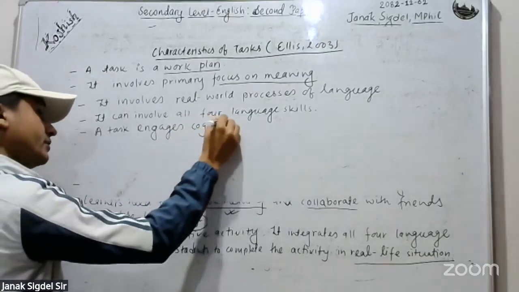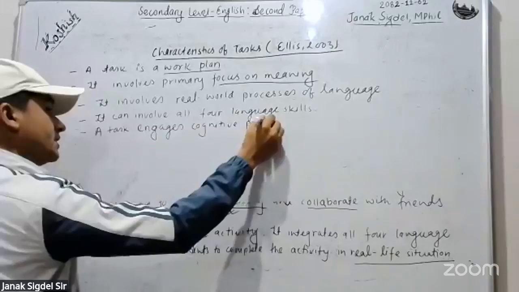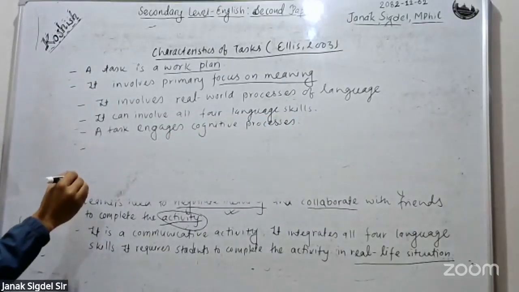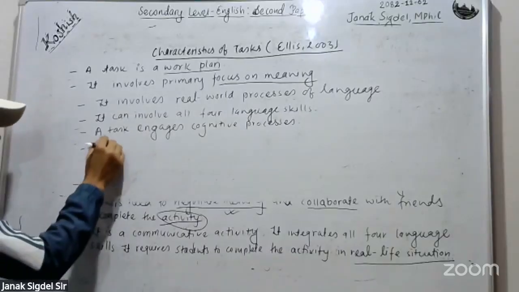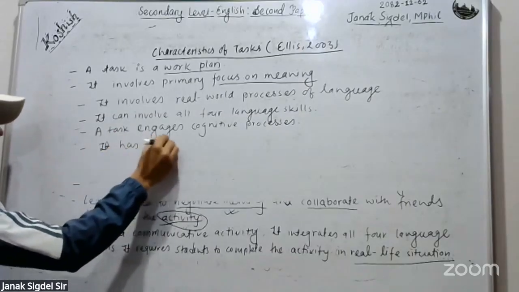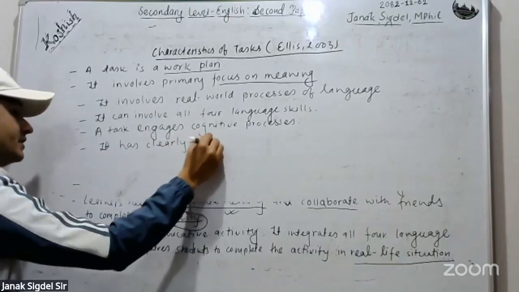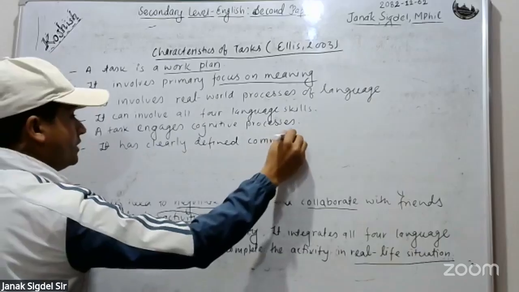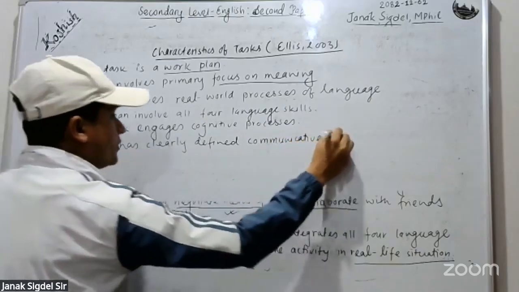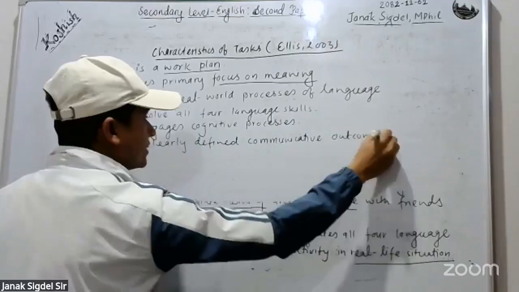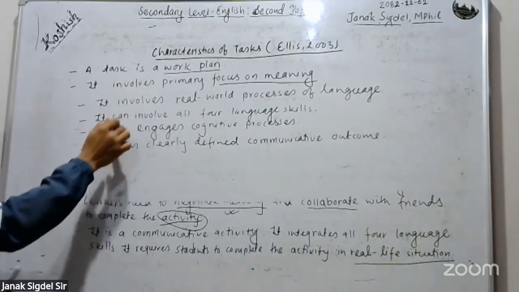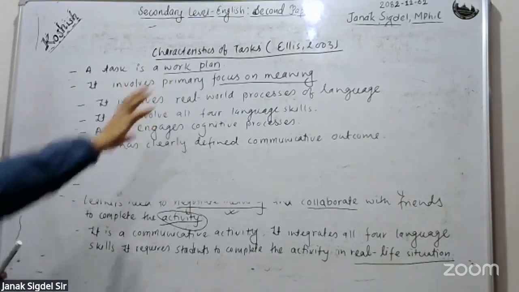Remember, it has a clearly defined communicative outcome, or outcome. This is an objective. It has a clear goal. So, 1, 2, 3, 4, 5, 6. Six characteristics are there according to Ellis.